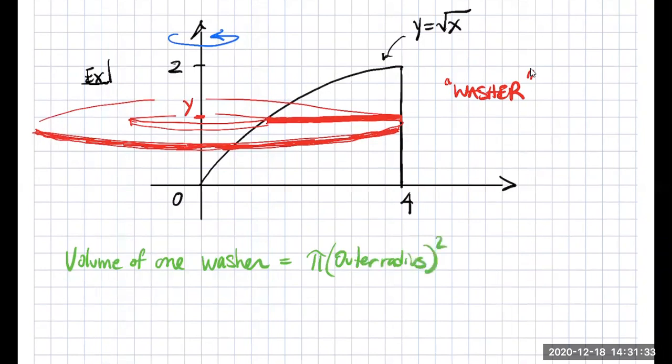Now notice that the differential rectangle is horizontal. That means its thickness is no longer dx, but in fact is dy. So we'll have a differential dy, and then minus pi times the inner radius squared times dy.